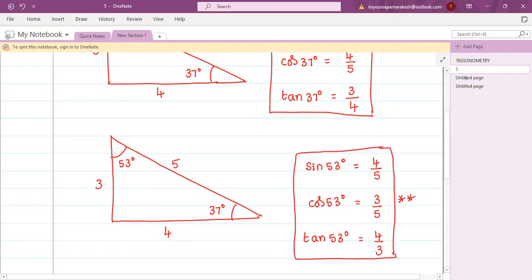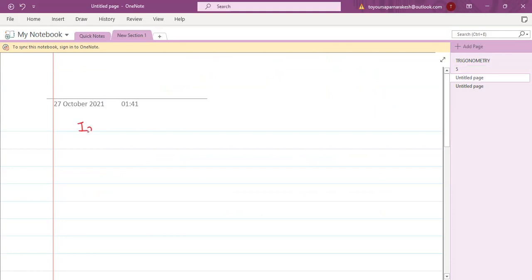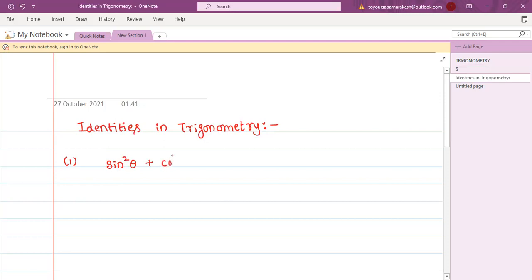Next, what are the identities in trigonometry? You know very well all these equations, you studied them in 9th standard and 10th standard. The first identity is sine square theta plus cos square theta is equal to 1.